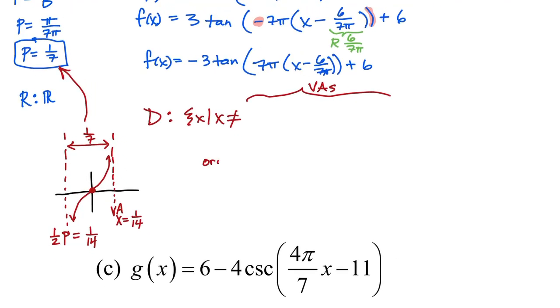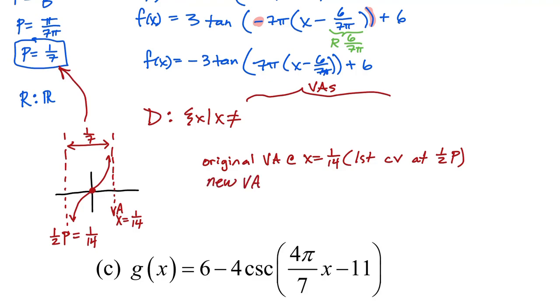So let's go ahead. I'm going to write this down to help y'all keep track. The original vertical asymptote is at x equals 1/14. That's the first critical value at 1/2 the period. I want to make notes for y'all here. Now I need to know where the new vertical asymptote is. That's with the shift. Well, it's going to be the old vertical asymptote.